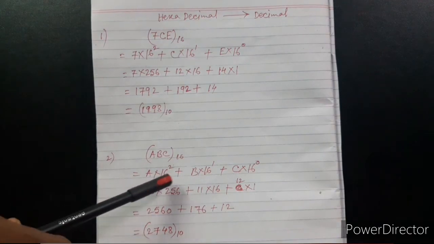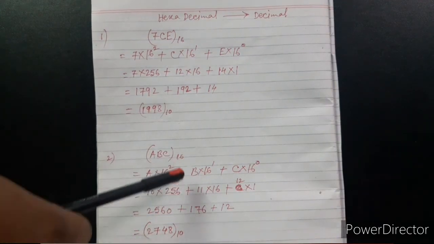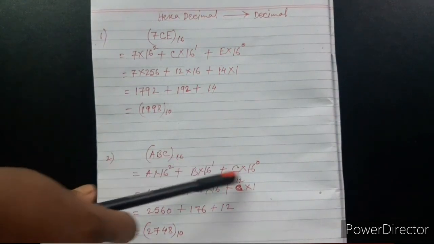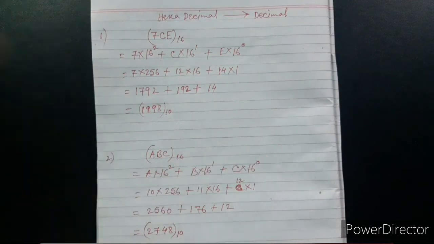So A into 16 square plus B into 16 to the power 1 and C into 16 to the power 0.